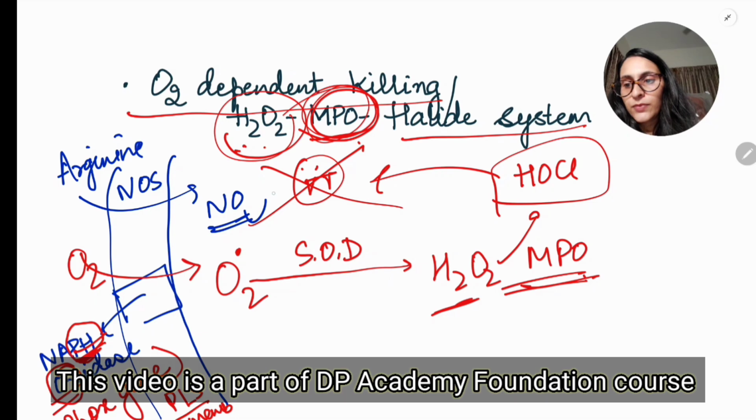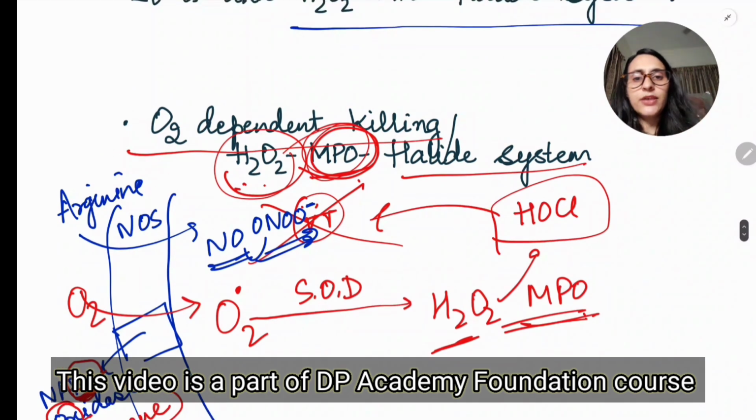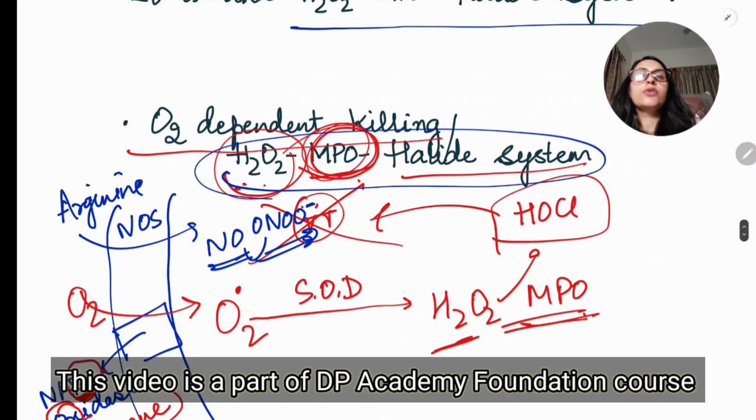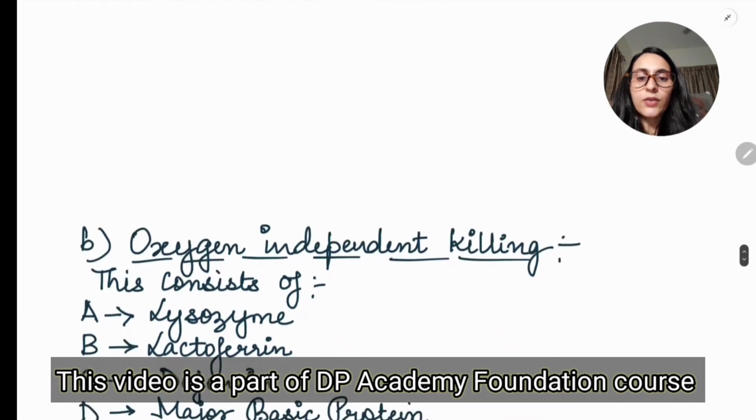This nitric oxide reacts with superoxide and forms peroxynitrite, and this is going to kill the bacteria. So basically this is with the help of arginine, another pathway. But the most important pathway that you need to remember is the hydrogen peroxide MPO halide system. This is oxygen dependent killing.